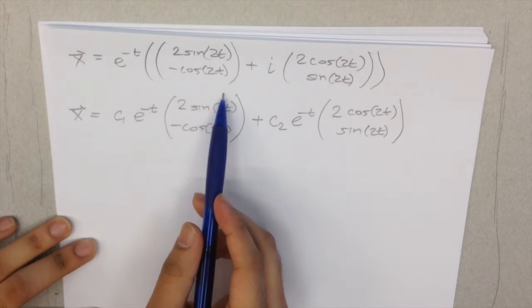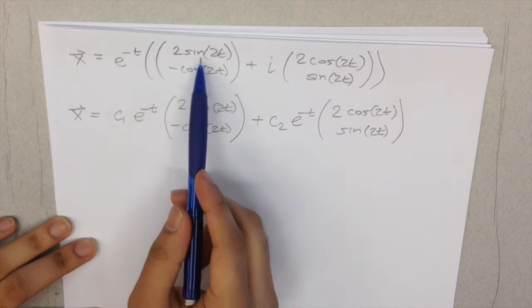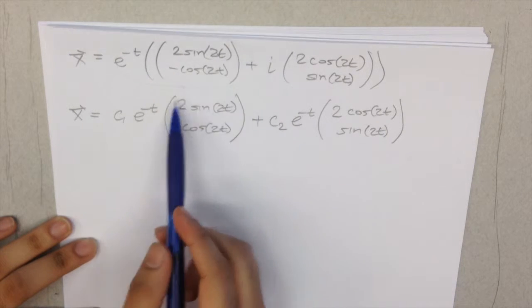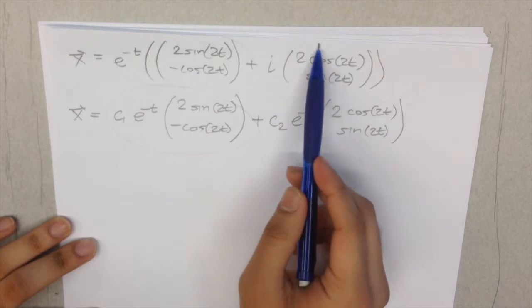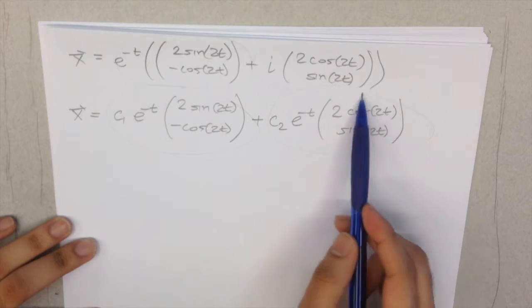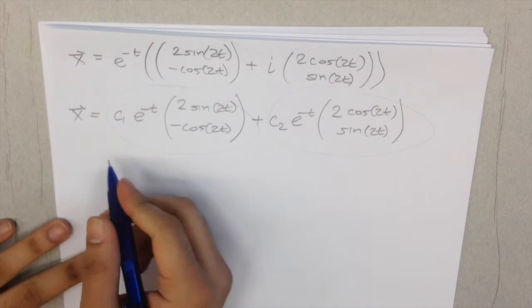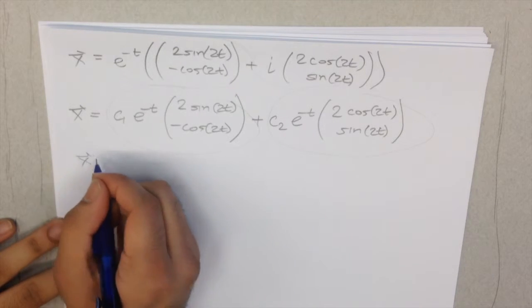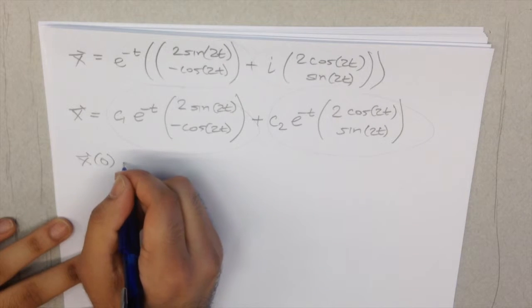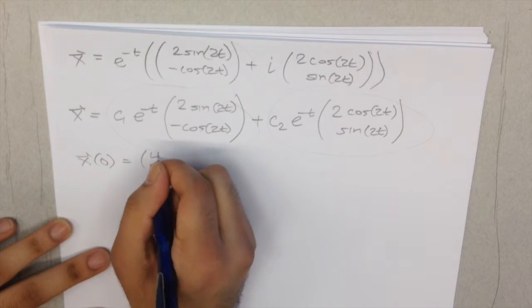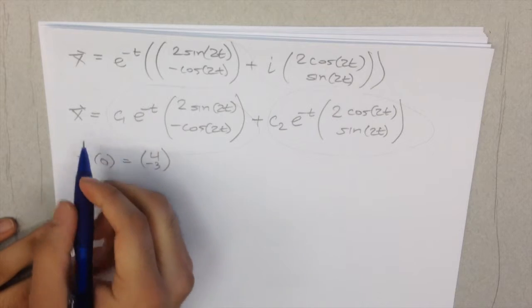So we take a linear combination of the real component and the imaginary component. Then we plug in our initial conditions. Just to remind you, x evaluated at 0 is equal to 4, negative 3. So we'll do the same here.